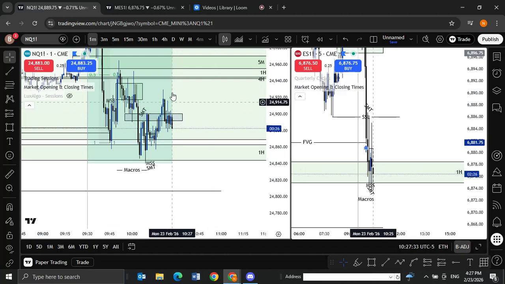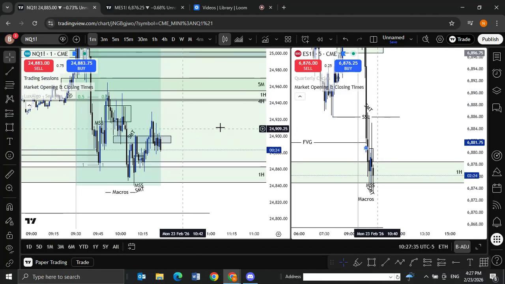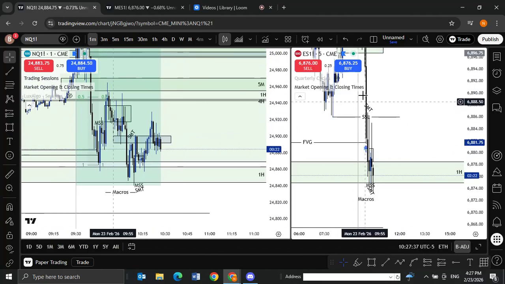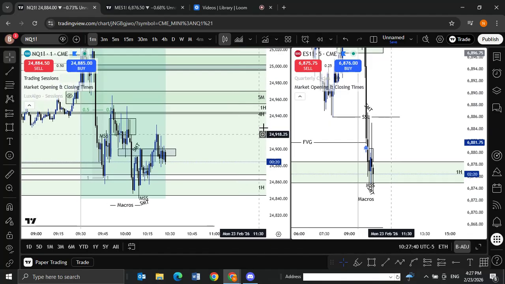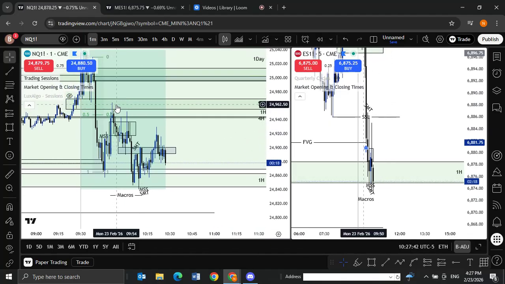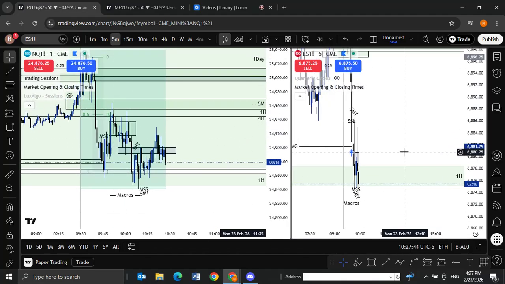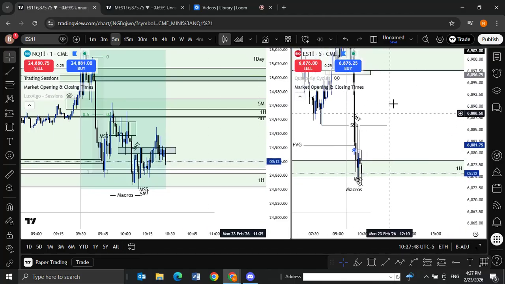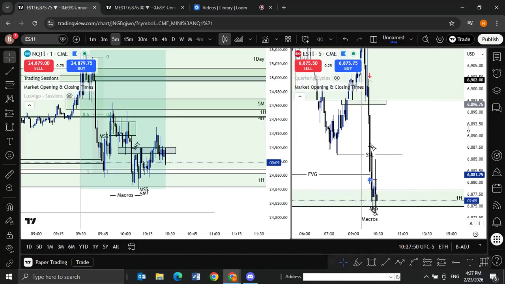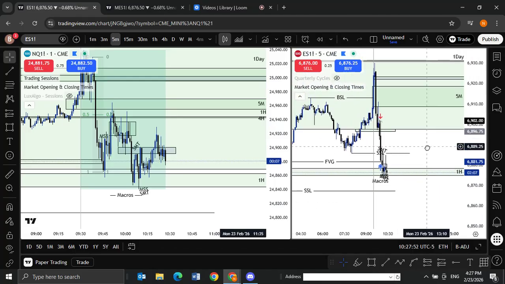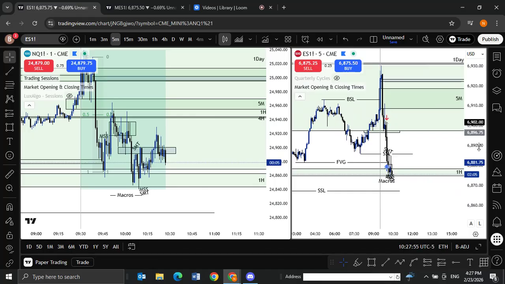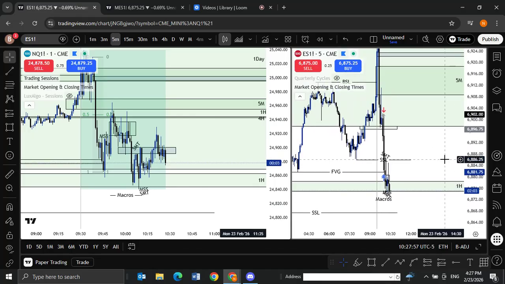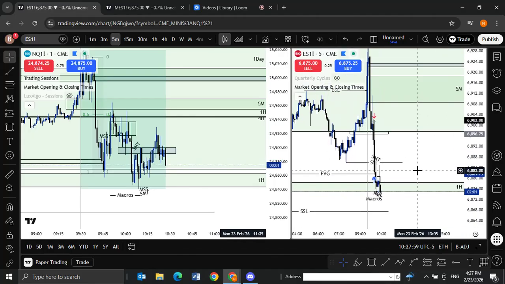If price closes above this 5 minutes value gap, it's more likely that we will reach at least this value gap on ES, which means that we are more likely to reach this buy side on Nasdaq, and that will probably make the price accumulate for the whole day, because I think the price literally did everything it had to do.